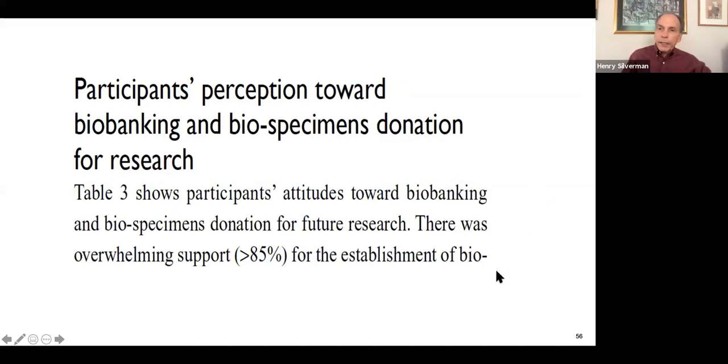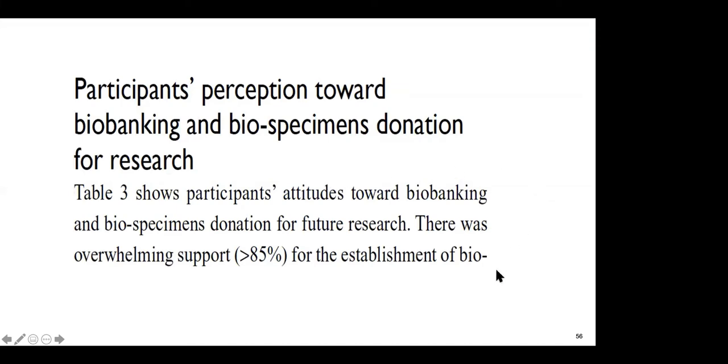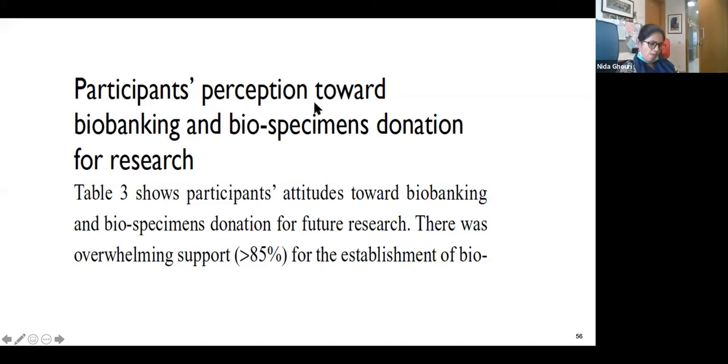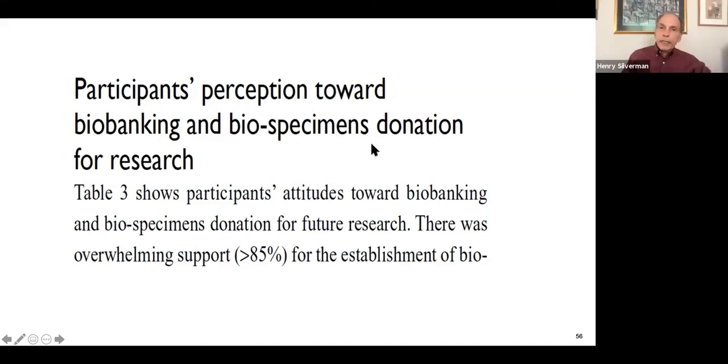But anyway, yes, I want to go over the difference between perception and attitudes and facts and opinions. So here is a study about participants' perception towards biobanking and biospecimen donation for research.